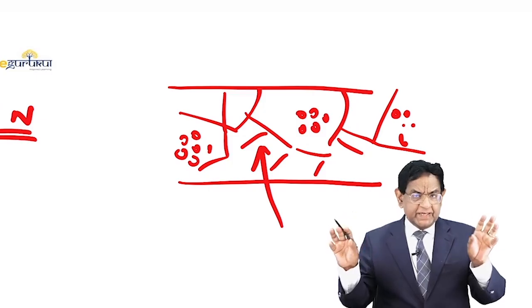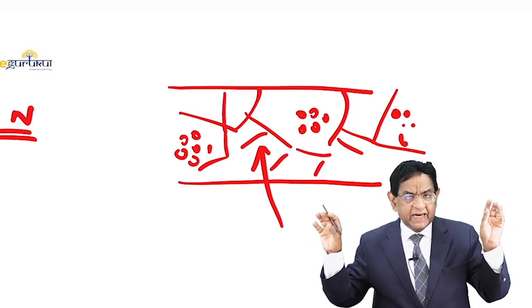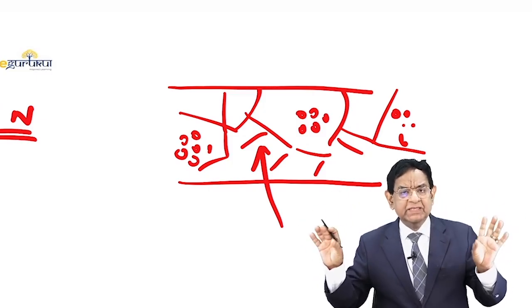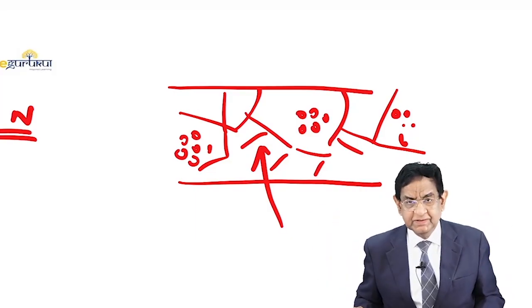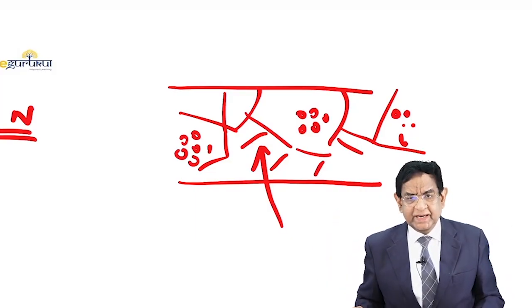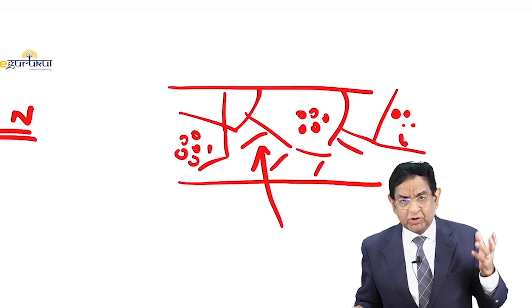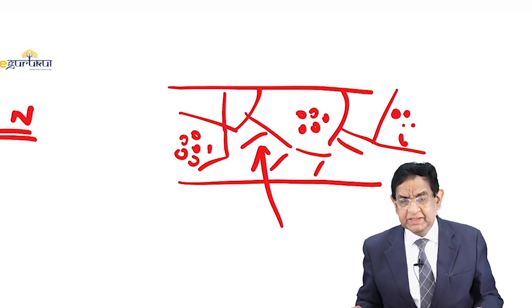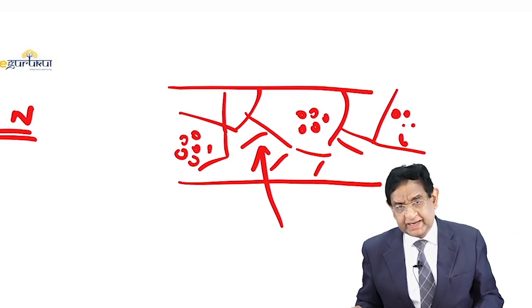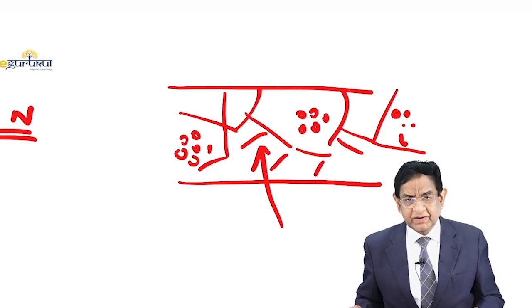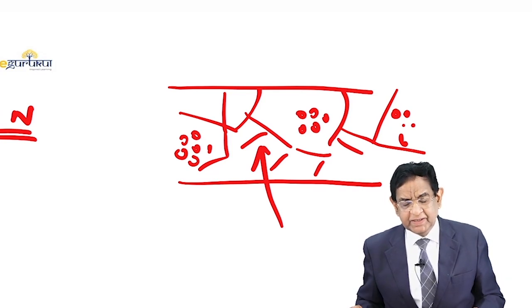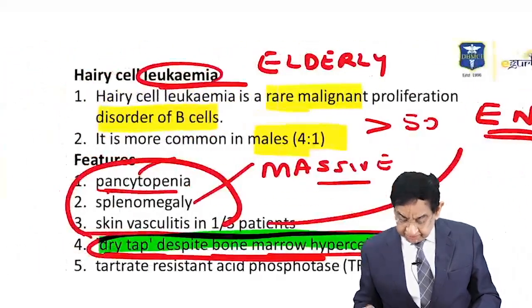So that means we are getting hypercellular in a localized pocket-wise. So despite having hypercellular marrow, because of fibrous tissue, we are getting dry tap.